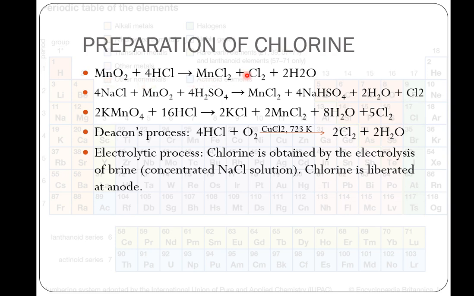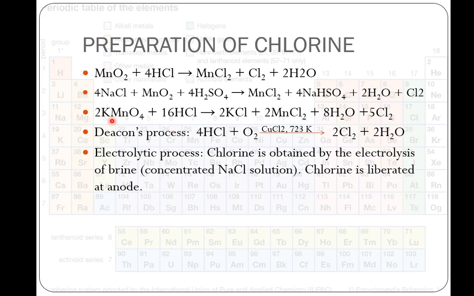We get chlorine here. However, you can also use a mixture of common salt and concentrated sulfuric acid in place of HCl. Then the products will be MnCl2, NaHSO4, water and chlorine.